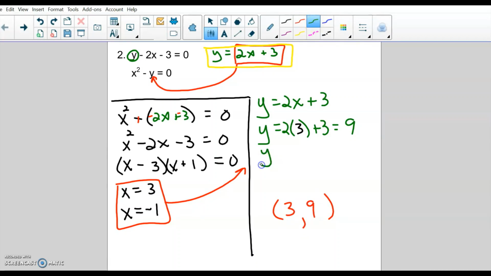And then our second substitution to get our second y value, plug in negative 1. So 2 times negative 1 is negative 2, plus 3 should be 1, giving us our second ordered pair at negative 1, positive 1.